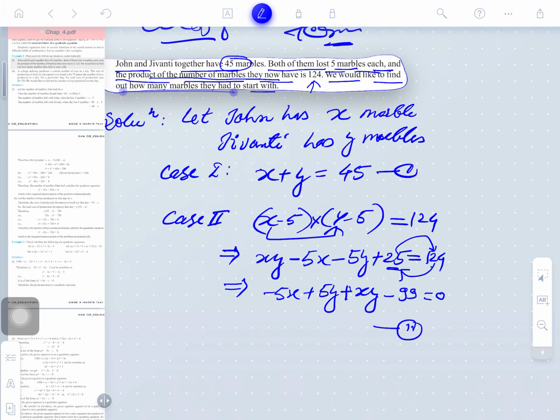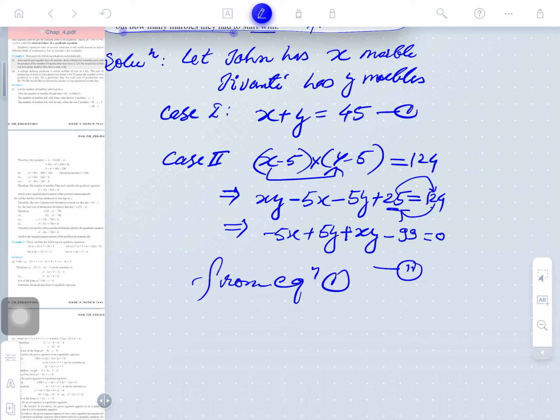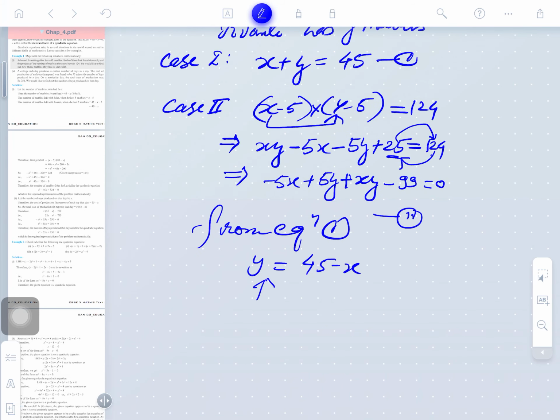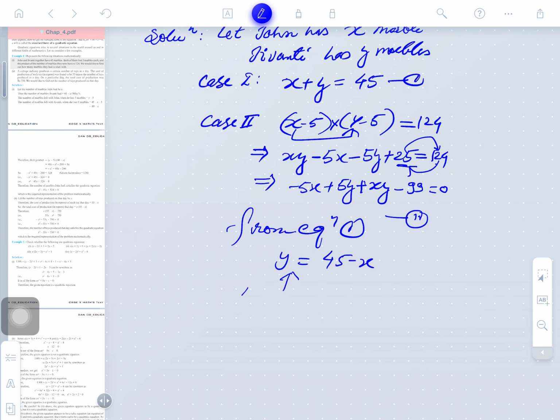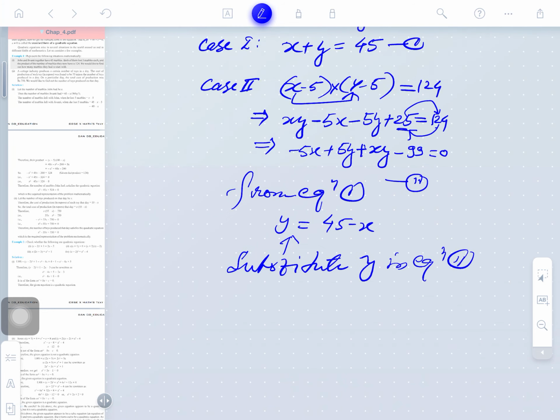No, this is not. So, from equation first, what is the first equation? Y is equal to 45 minus x, means in terms of x we are bringing y. Now, substitute y in equation second.